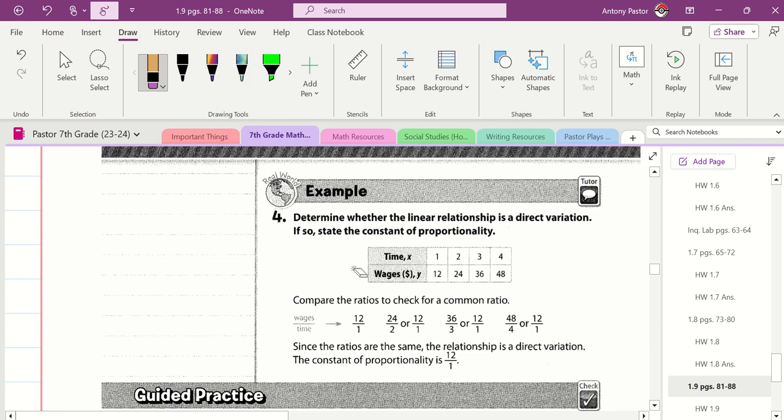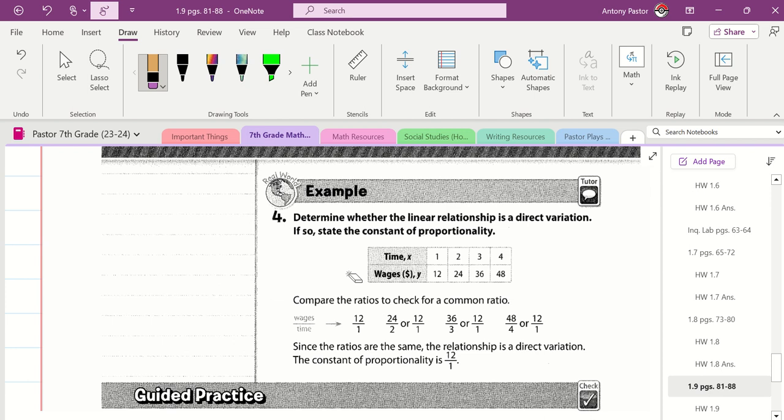Nowhere in the word problem does it say they get a bonus after a certain amount of time, or a flat fee, like say they get paid $12 an hour plus $50, like a signing bonus for being there. If there's any plus this or plus a fee or a signing bonus kind of thing, then there will be no direct variation because that extra money or extra charge throws things off.